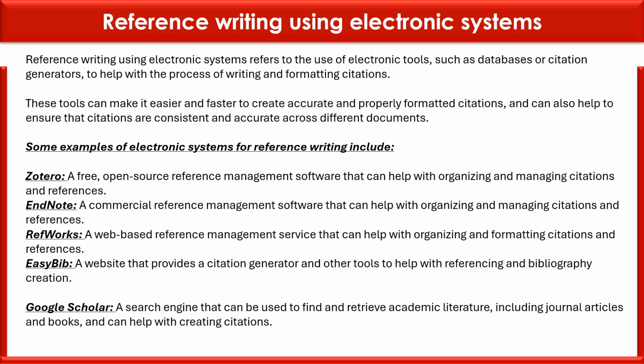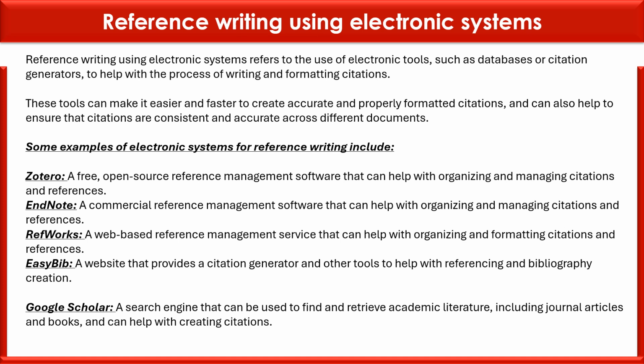Then reference writing using electronic systems. Reference writing using electronic systems refers to the use of electronic tools such as databases or citation generators to help with the process of writing and formatting citations.